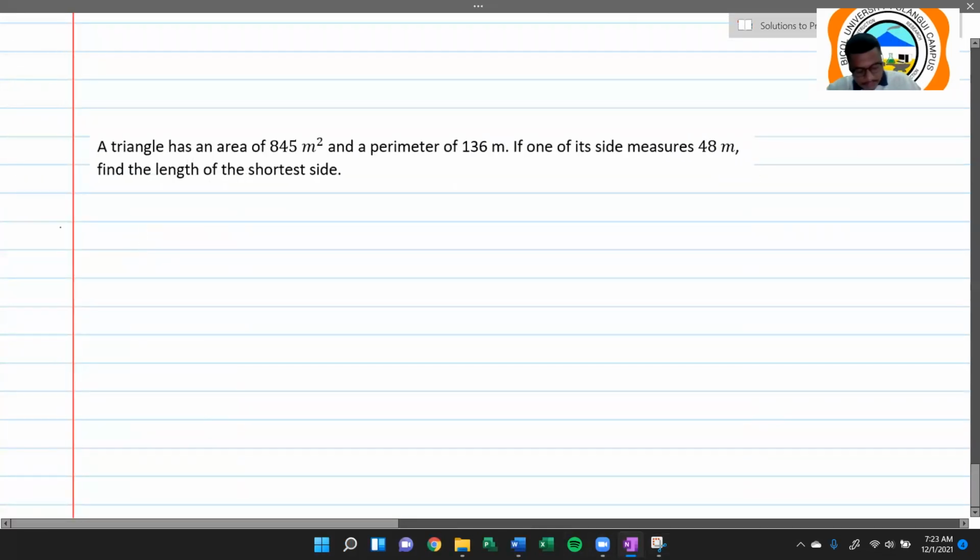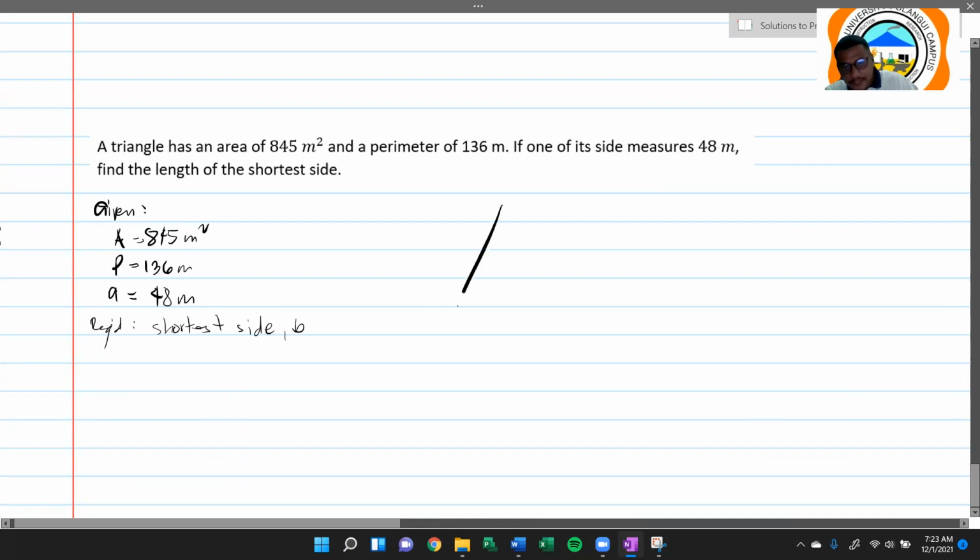Okay. So what are the givens? We have the area equal to 845 square meters and the perimeter, which is equal to 136 meters. And one side, let's say a, equals 48 meters. So what is the required? Our required is the shortest side, let's say b.